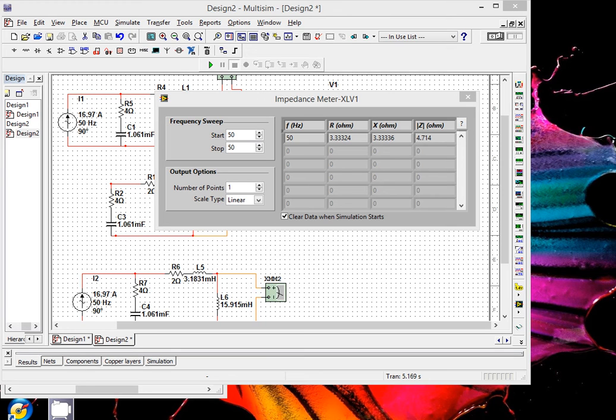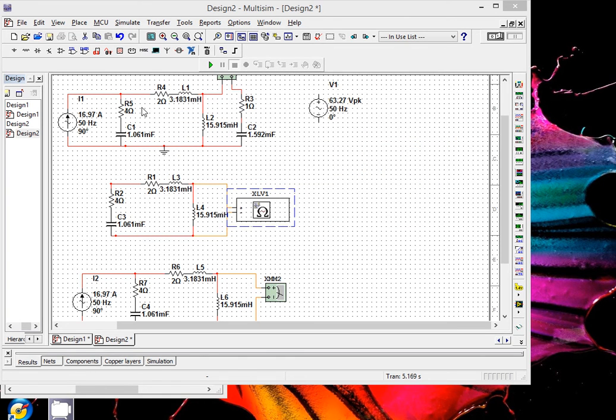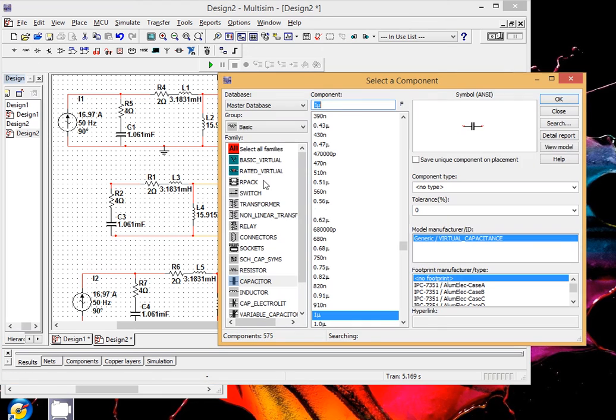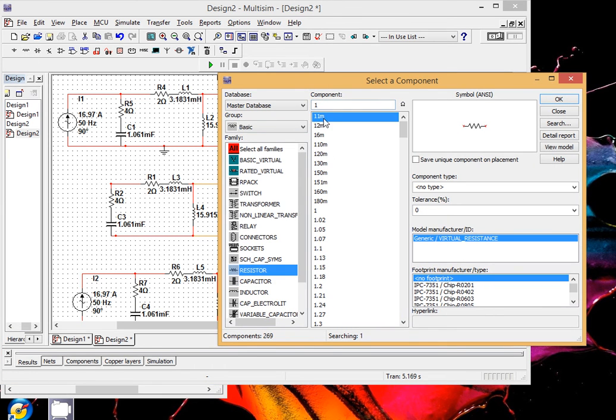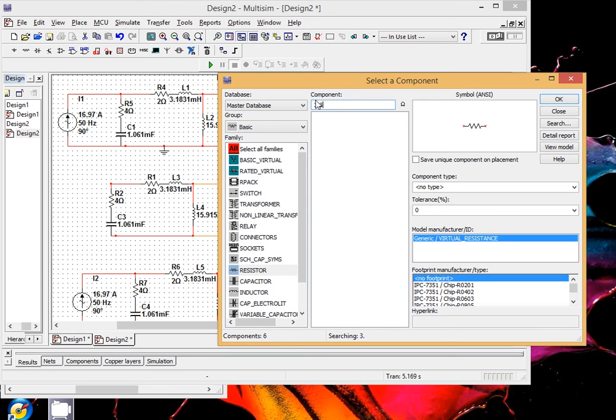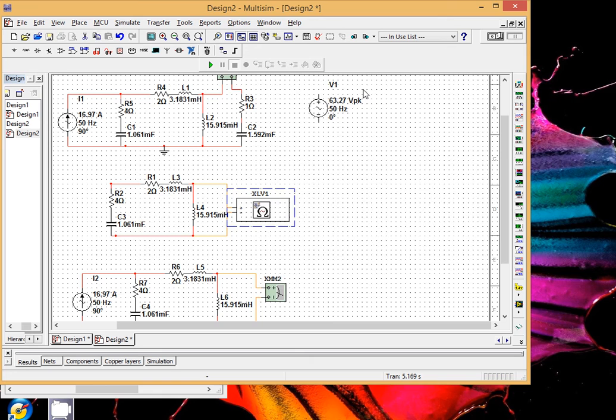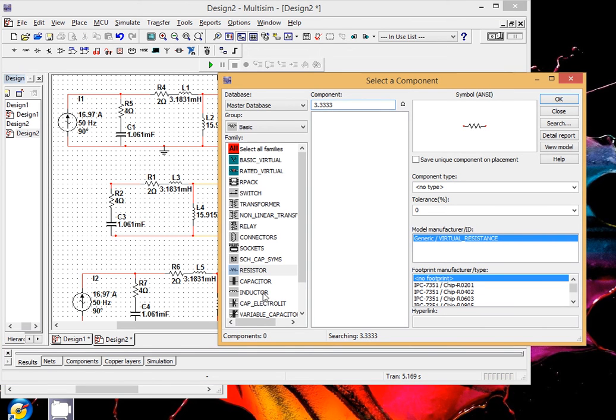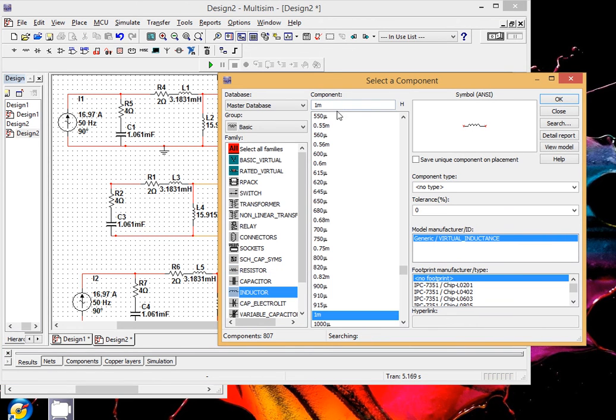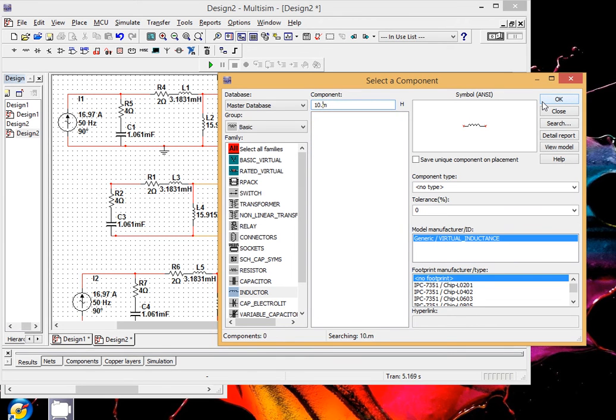And your RTH should be 3.333. So connect with your resistor, 3.333, and inductor should be 10.61.